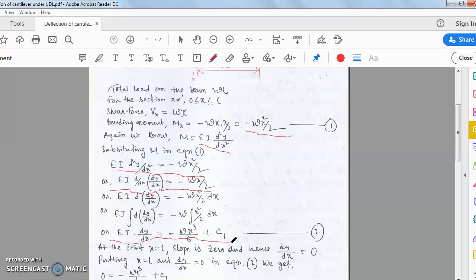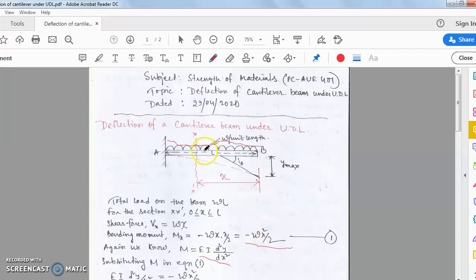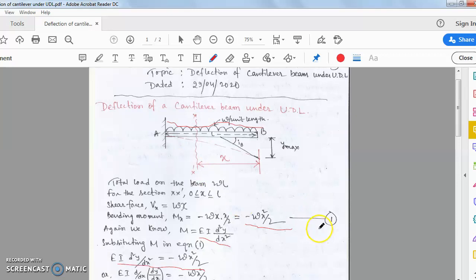We will get the value of C1 with the help of the boundary condition. What is the boundary condition? At the point x equal to L, that means at point A, there is no deflection and no slope generated, so dy/dx is 0.